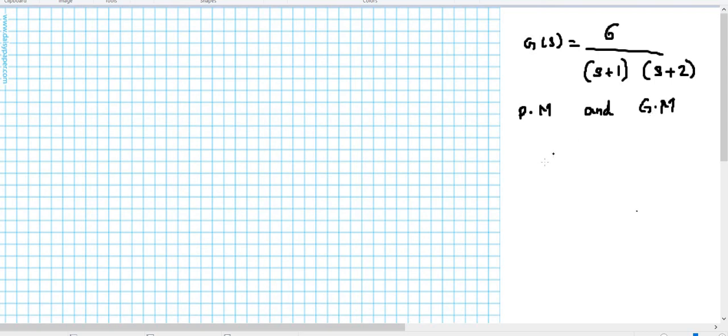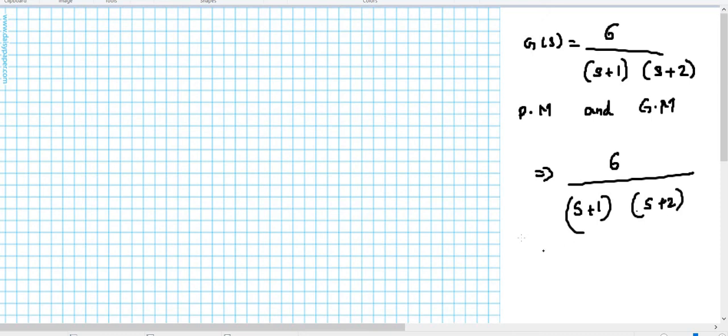So here you can see that G(s) is given, and H(s) we can take as unity, hence our open loop transfer function will be 6 divided by (s plus 1) into (s plus 2).